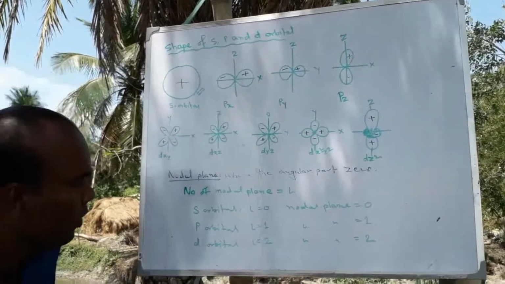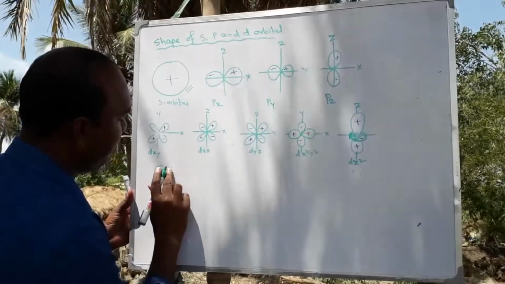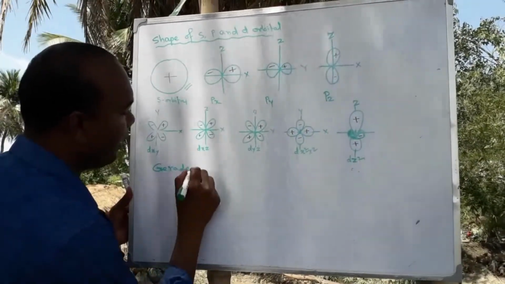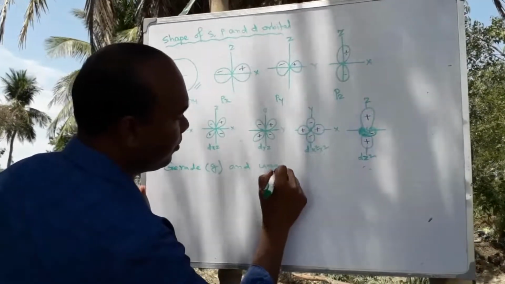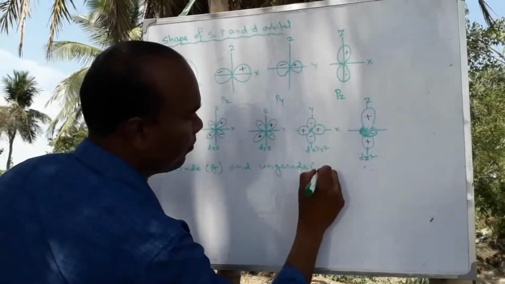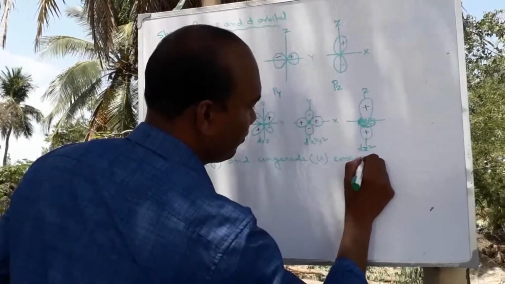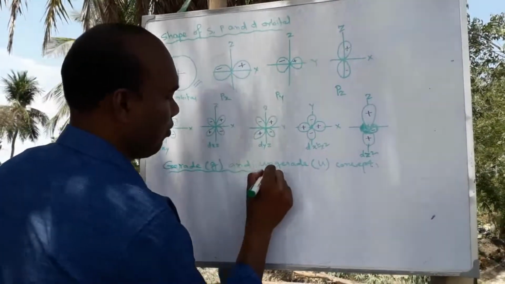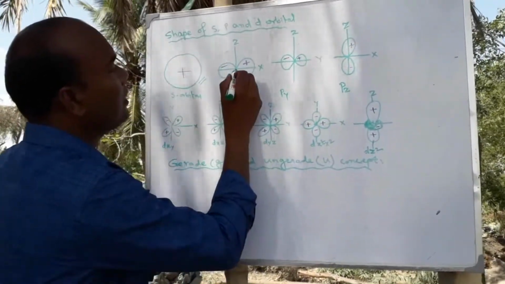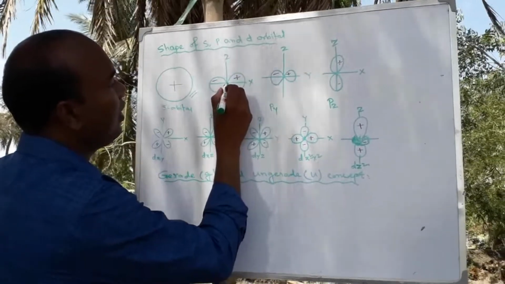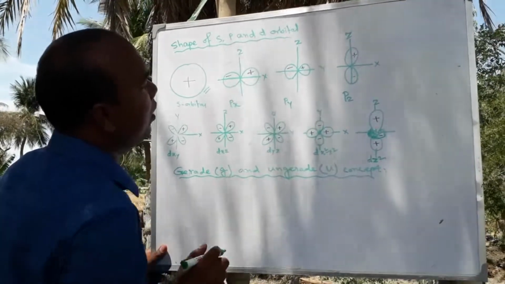Now come to another point, that is the gerade and ungerade concept. If you look at the px orbital, you see this is the center of inversion. If you imagine a straight line through the center of inversion, what will you see?